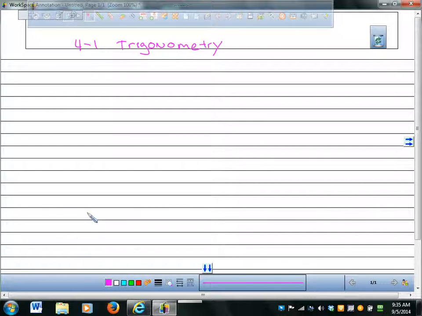Tri, basically triangles. And metry is what? Right. Measure. Okay, so basically all of trigonometry is based in triangles, and it's all about triangle measurement and different functions we get from that triangle measurement and all that kind of stuff.